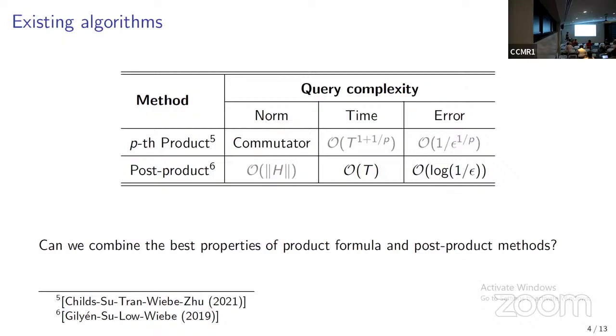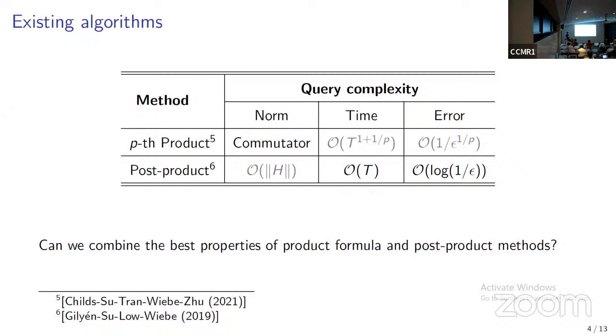For the product formula, the time and error dependence are actually not optimal. For example, for a p-th order product formula, we have the time dependence t to the power 1 plus 1 over p, and this is always superlinear for a fixed order p, and actually it can be even worse.